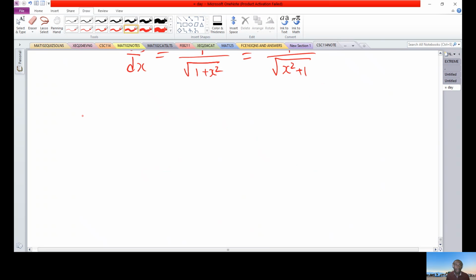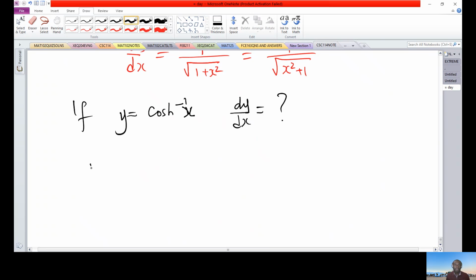And then, given y is the inverse hyperbolic cosine of x, dy/dx is given by what function?